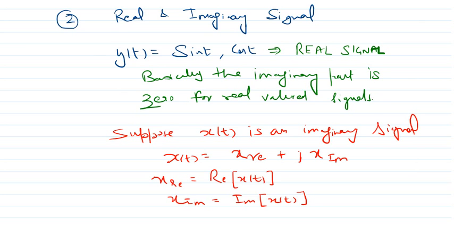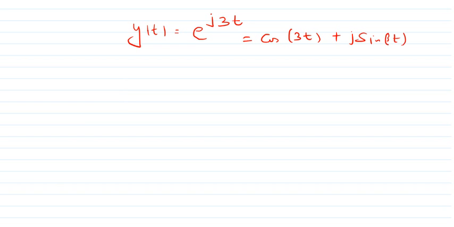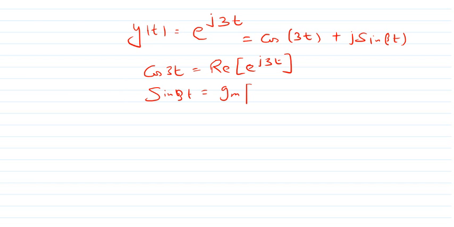So we can take an example like y(t) equals e raised to the power j3t. You can write it as cos 3t plus j sin 3t. Cos 3t is the real part of e^(j3t), and sin 3t is the imaginary part of e^(j3t).